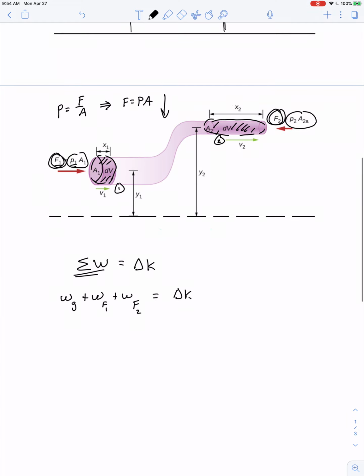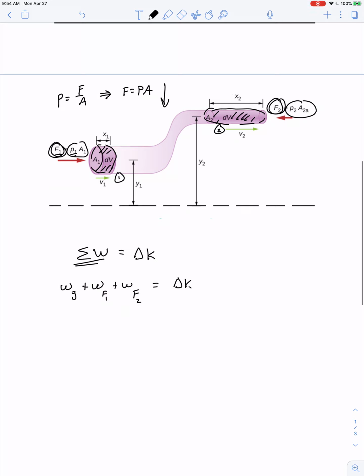Okay, work done by gravity. Let's see. The force of gravity points down, but the water's displacing upward, going from a height of y1 to y2. So work done by gravity, because the force and displacement are in opposite directions, should be negative mg times delta y.